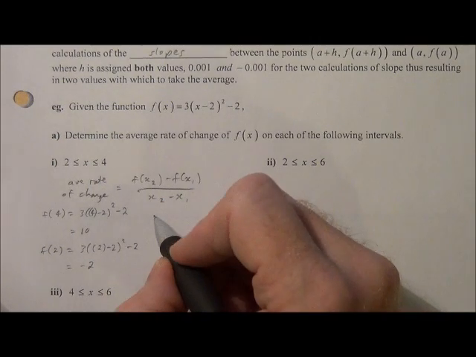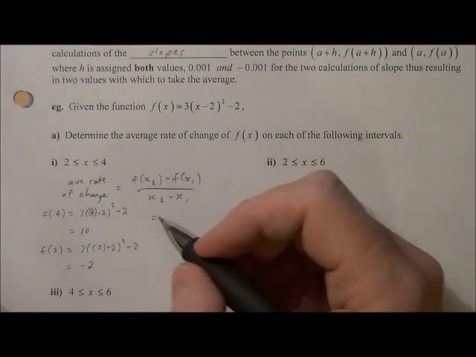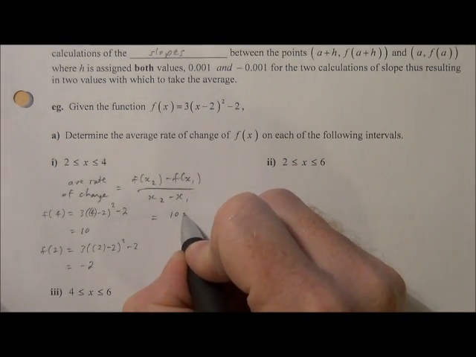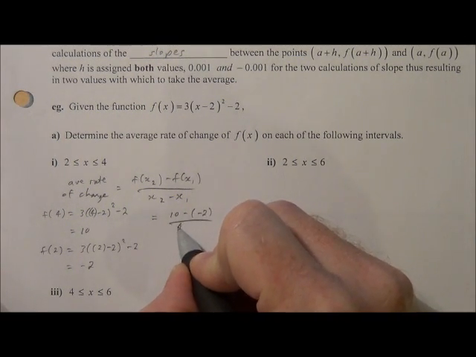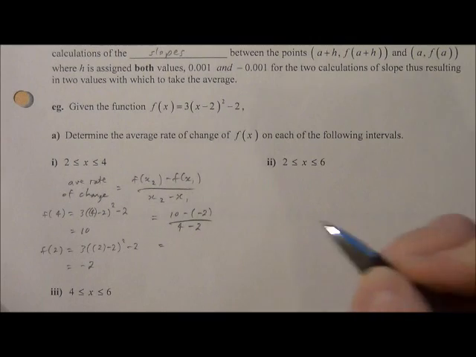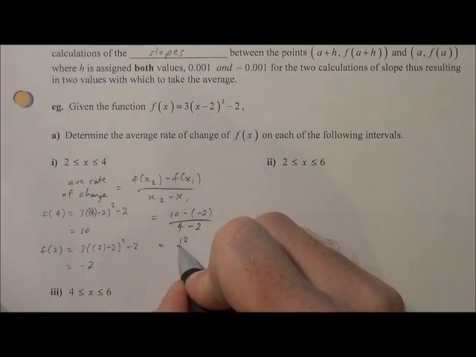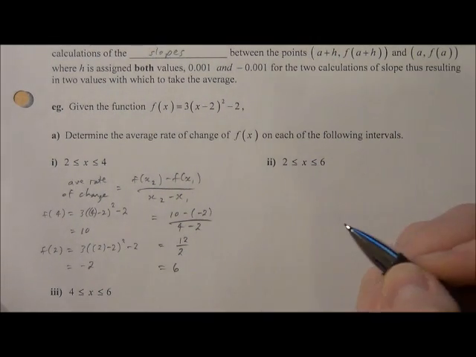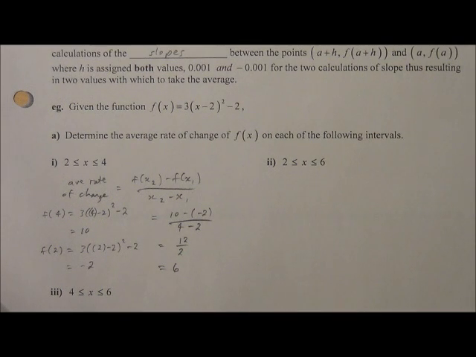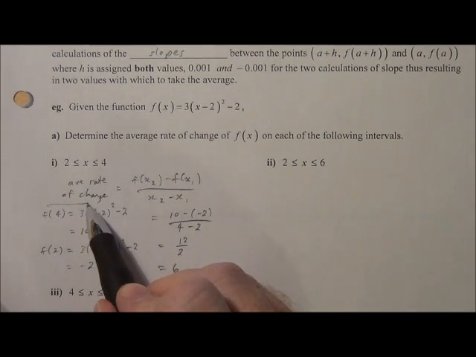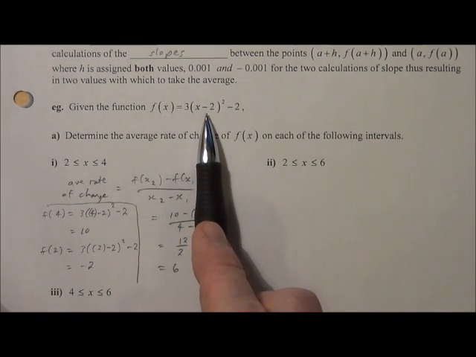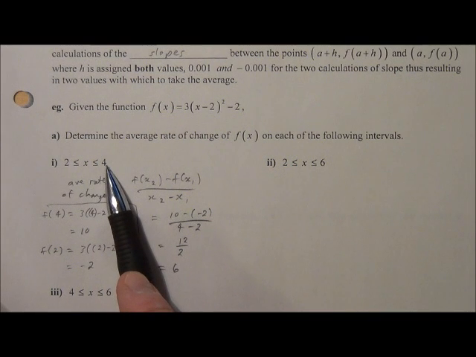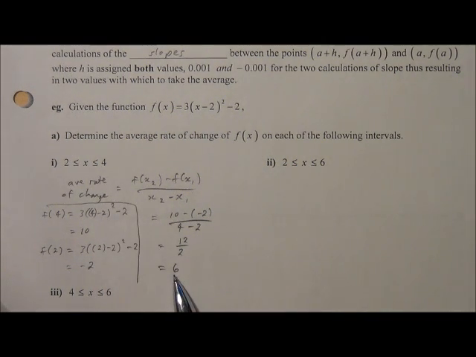Okay, so then the average rate of change would be 10 minus negative 2 all over 4 minus 2, which gives me 12 over 2, which is 6. So the average rate of change of this function between the values of 2 and 4 is 6.